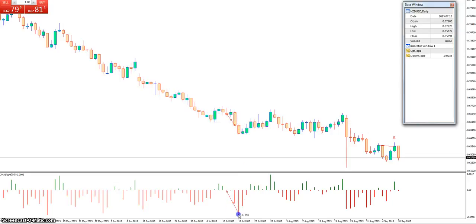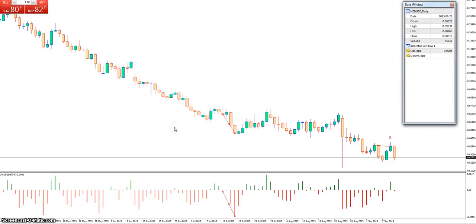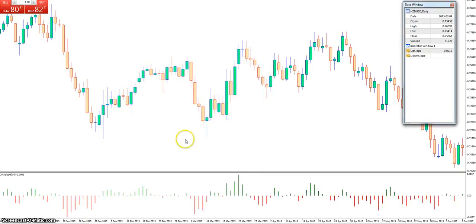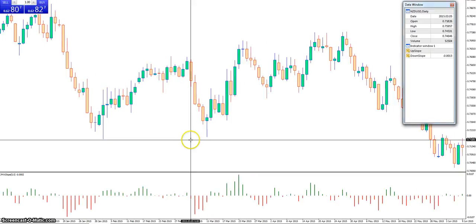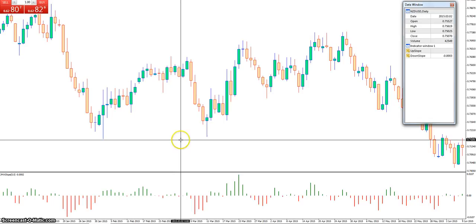What happened on the next day? Still we have a negative thing here, but the price is also falling downward, so no divergence. So like that we have to find a buying scenario. Hopefully we will find it somewhere here. Let's see here. Just give me a moment to find a good divergence that will be easy to explain.